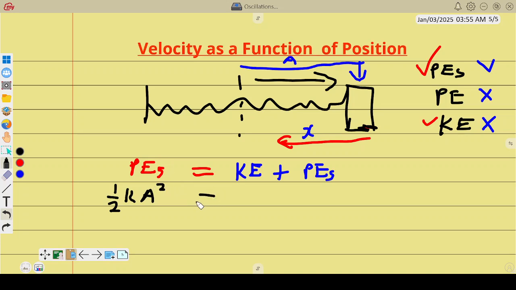So this will be equal to kinetic energy, we know it's half mv squared, plus potential energy due to the spring when it was coming back. We say 1/2 m. We can't put a because it didn't reach equilibrium, so we just put x.